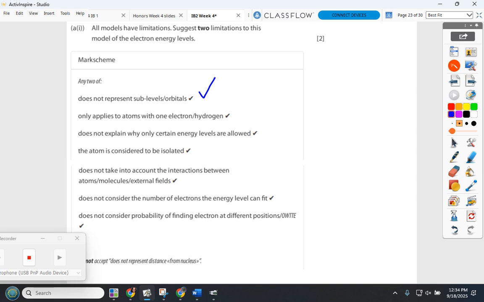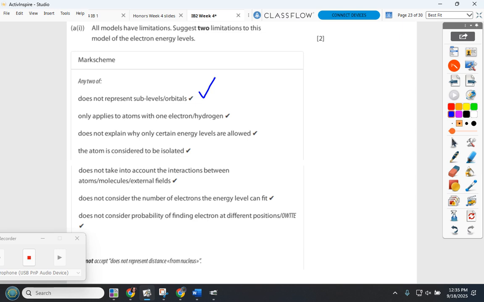Doesn't explain why only certain energy levels are allowed. So why is there not a continuous emission spectrum, for example? Why are only certain places allowed? We're assuming that the atom is all by itself and there's no bonding electrons playing a role here, that it's not an ion. So there's a lot of things that get more complicated when we start talking about more than one atom.